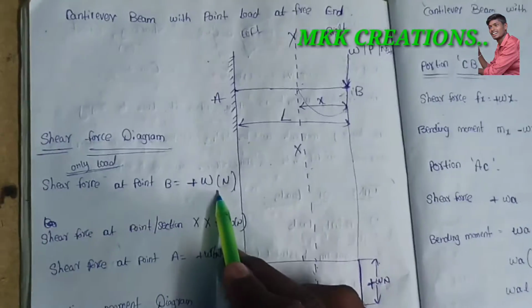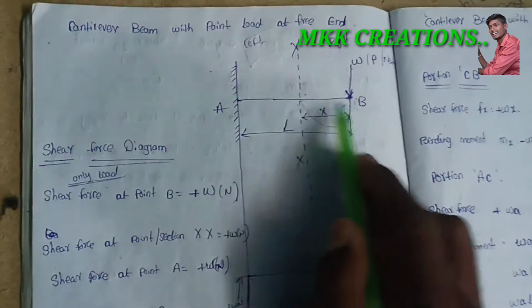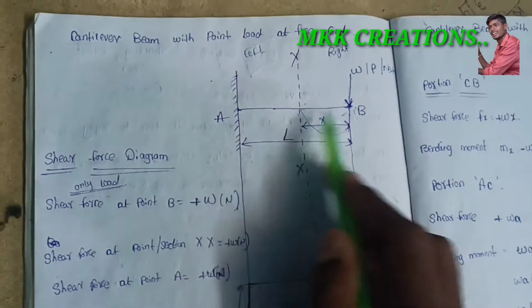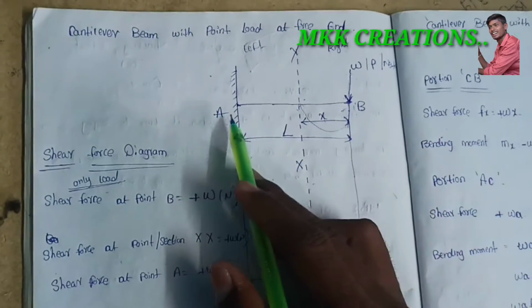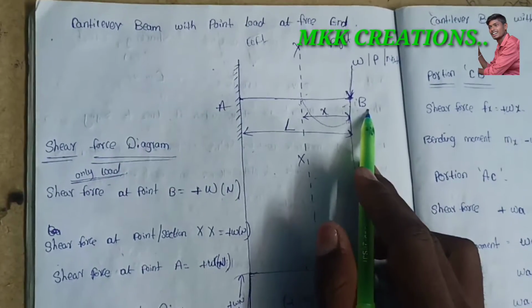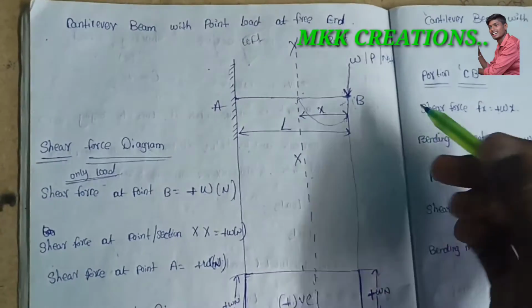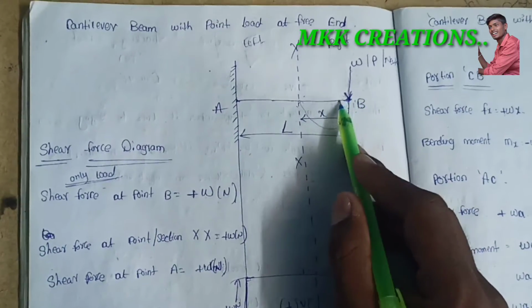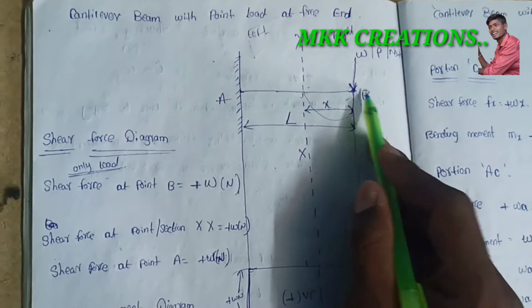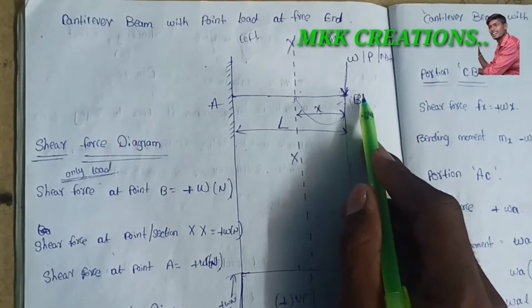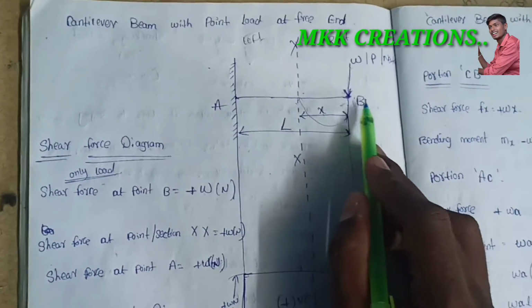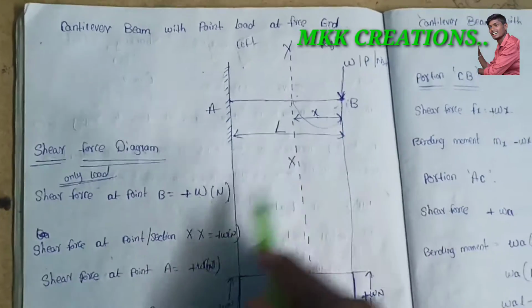So this is positive. We give the notations A, B, C to the points. Now we want to find the shear force at point B. At point B we consider only the load, not any distance. So it is plus W.